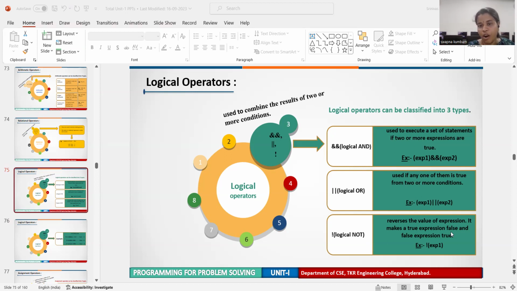And finally, not. So if I am checking with not X, the not symbol placed in front of X, what happens here? And not Y also I can take here.